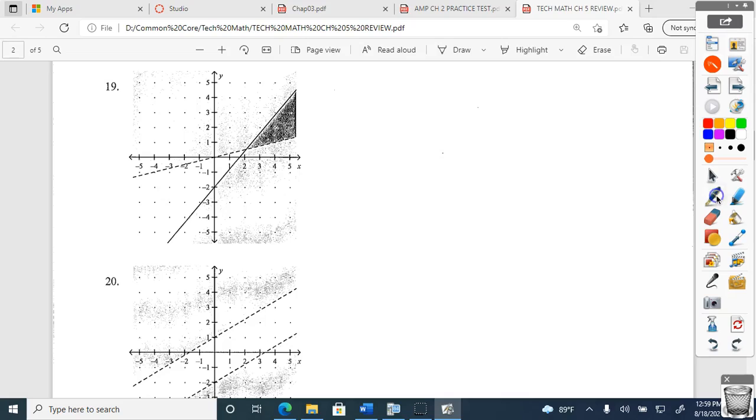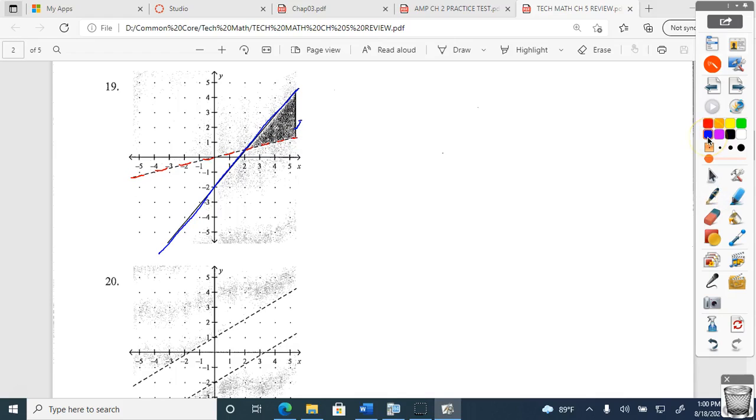So for 19, don't make them hard. It's going to be y and y, okay? So I'm going to do this one right here first. I'll color code them so you can tell which is which. I'm going to let this one be blue right here, and then the other one we'll let be red right here. All right.